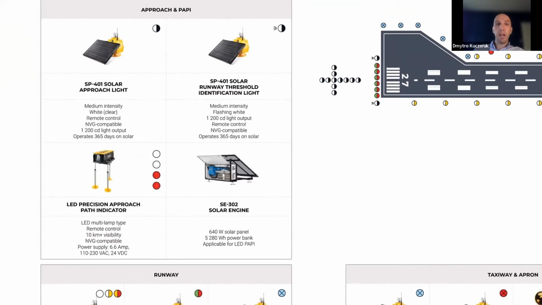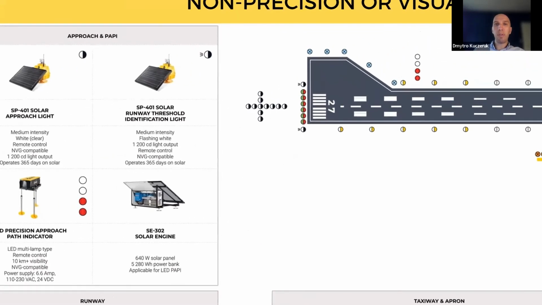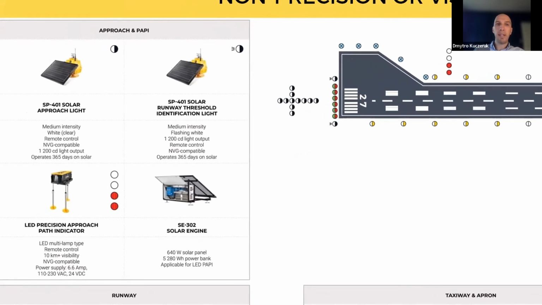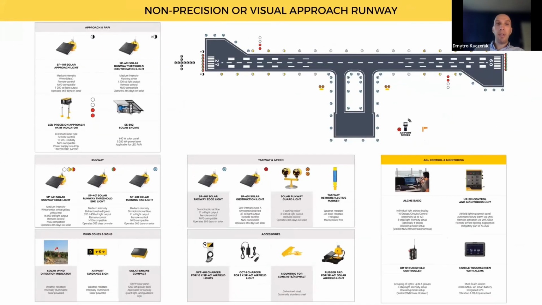For those who wonder, our PAPI can be powered by 230 volts, 24 volts DC and conventional 6.6 amp grid. So for those airports, for example, who decide to go for a solar system on the runway, but would like to utilize the existing 6.6 amp circuit for the PAPI, we can provide such a product. Even when it is powered by 6.6 amp, we can still control it from ALCMS remotely.